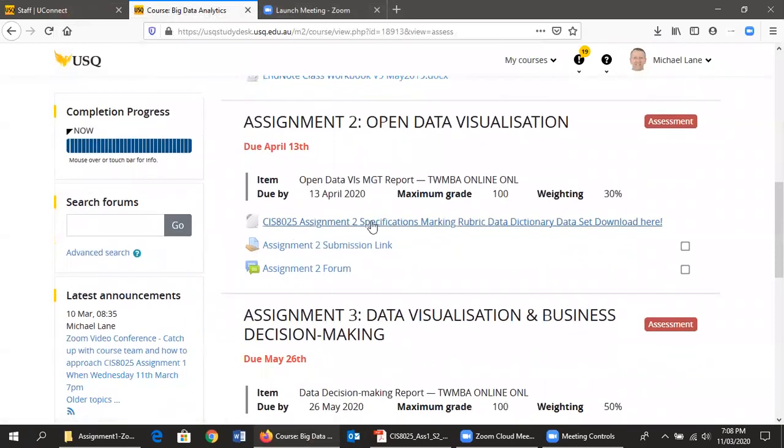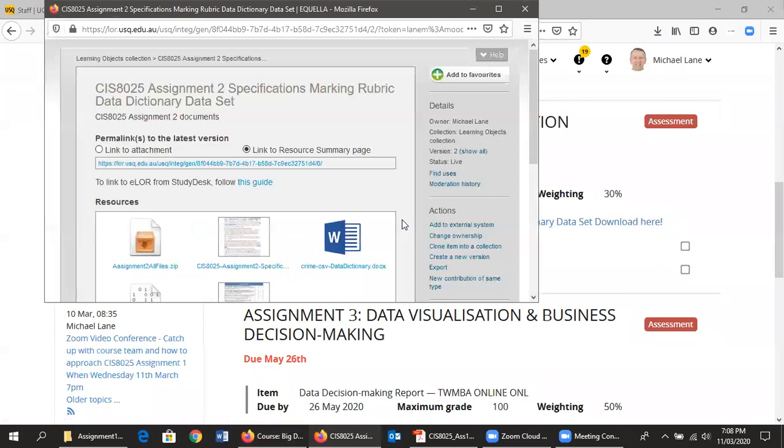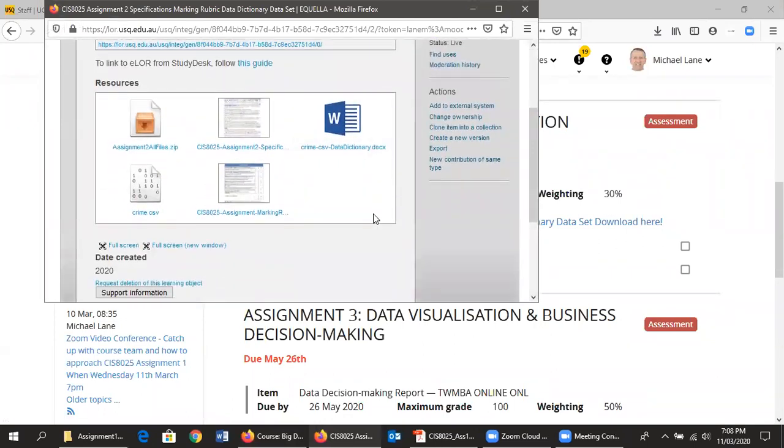Then we've got 2 other assignments. As I said, assignment 2 is now available. You can download the whole lot as a zip file, which downloads all 4 of these files. For assignment 2, there are the specifications, the marking rubrics, and a crime data set for a city, Philadelphia, I think it is.